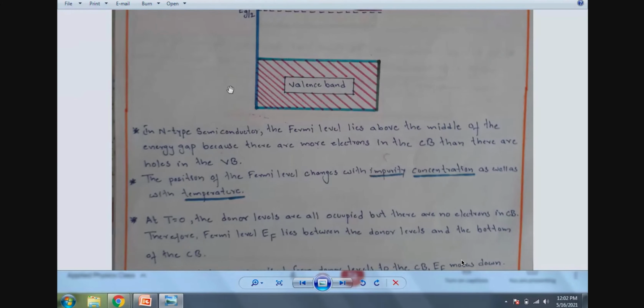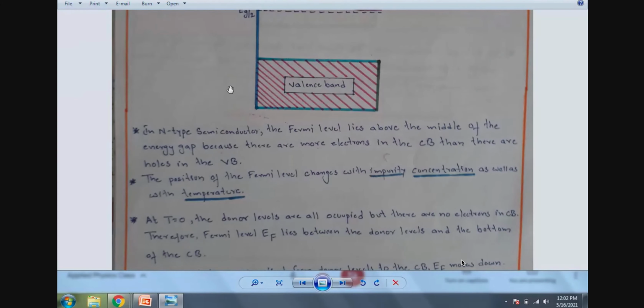First, let us find the estimation of carrier concentration in an extrinsic semiconductor. Let me explain that. Now you can see the heading: estimation of carrier concentration in extrinsic semiconductors.